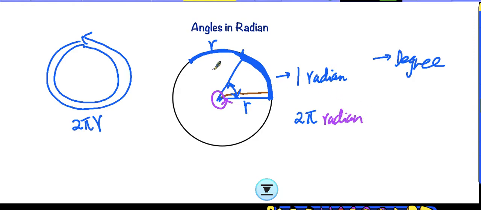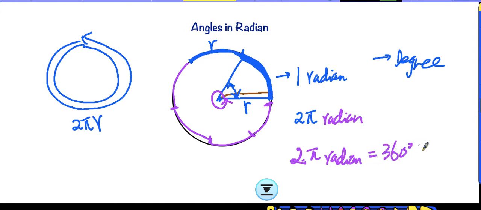What does that mean? If I just keep doing that around the whole circle, it will end up that 2 pi radians cover this whole thing. That means 2 pi radians equals 360 degrees.